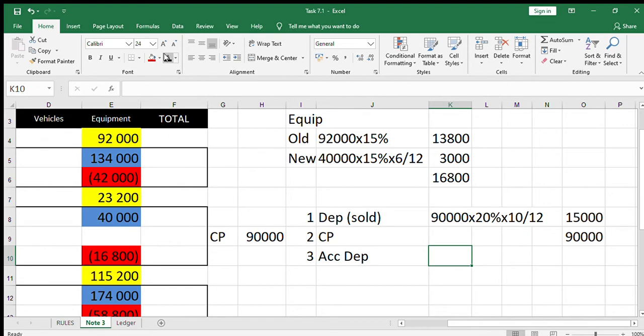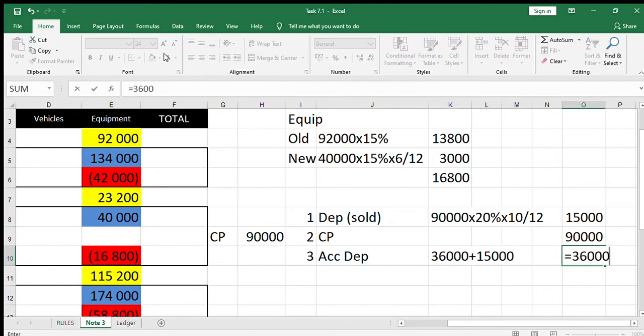So the accumulated depreciation given to us on 28 February 20.2, which is the end of last year, was 36,000. And then in step 1 we calculated 15,000. So we're going to add that, because remember, accumulated depreciation is your depreciation added up over the years. So we're going to have 36,000 plus 15,000, it's 51,000.